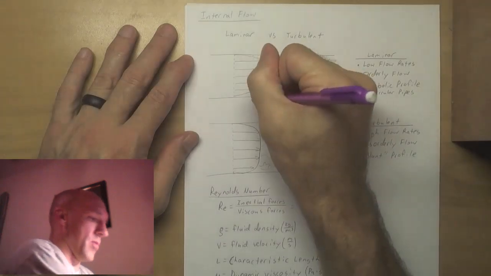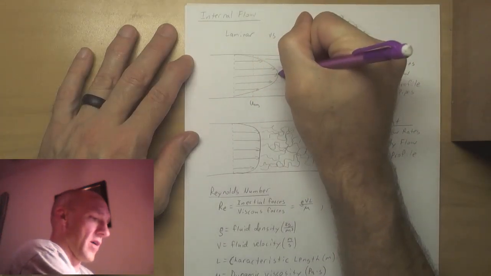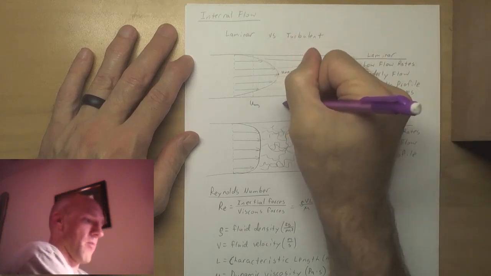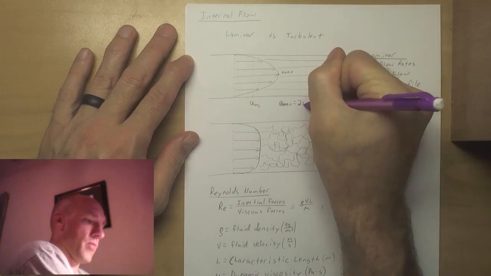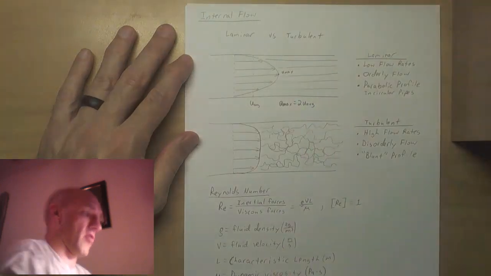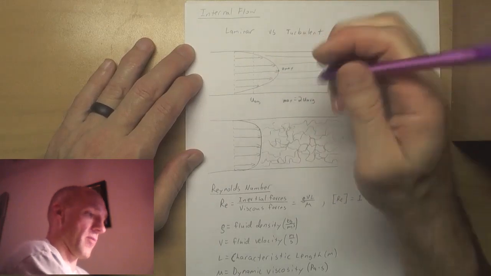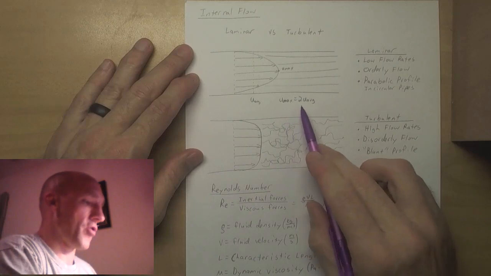So this would be U average, and this would be U max, and U max equals 2 U average. That's just an interesting side note. In circular pipes, this is only true in circular pipes.